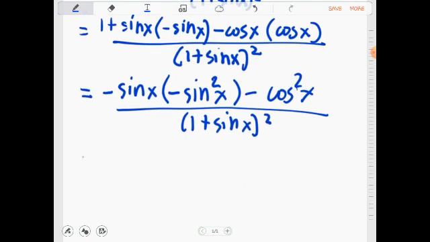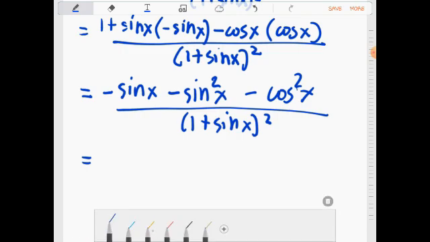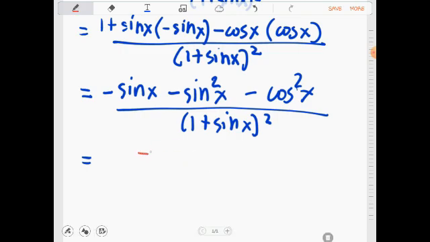Okay, and this should be equals to, okay, remember that ito, kahit tanggalin ko na yan, pwede natin siyang gawing positive to para magkaroon tayo ng identity. So kapag in-enclose ko ito, automatic yung sine squared x natin ay magiging positive. Halimbawa, we have negative sine squared x minus cosine squared x.